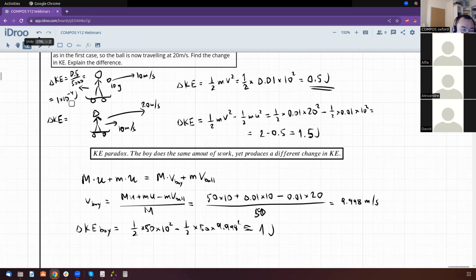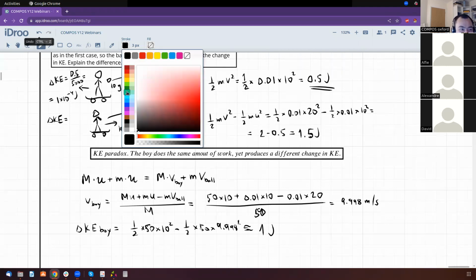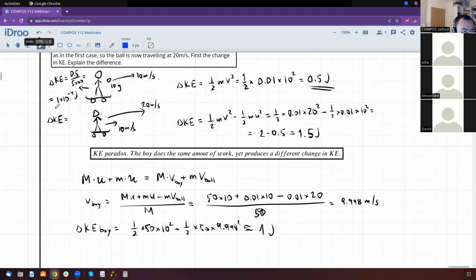It's like 1 times 10 to the minus 4 joule. So the buoy is not really changing its kinetic energy. Effectively no change, because 0.0001 joule is nothing compared to the kinetic energy of the ball.